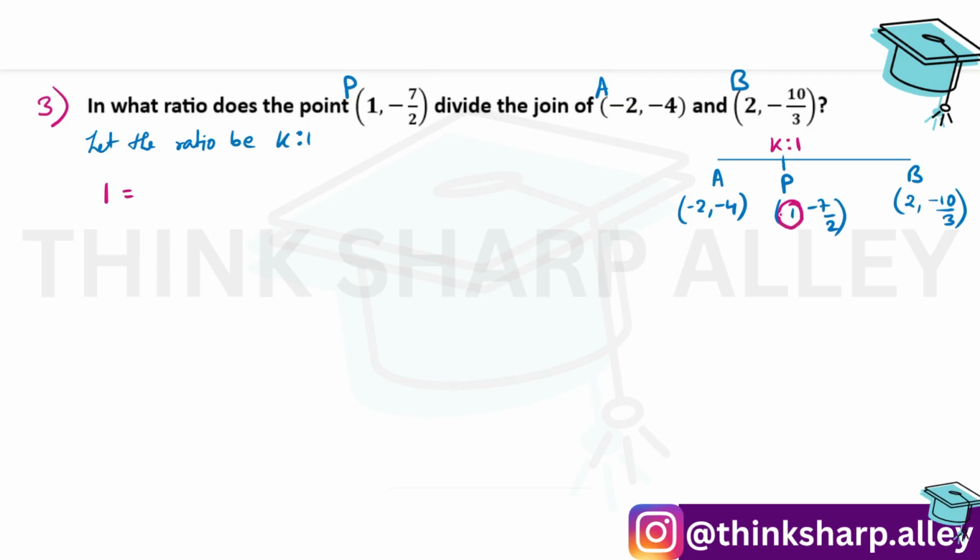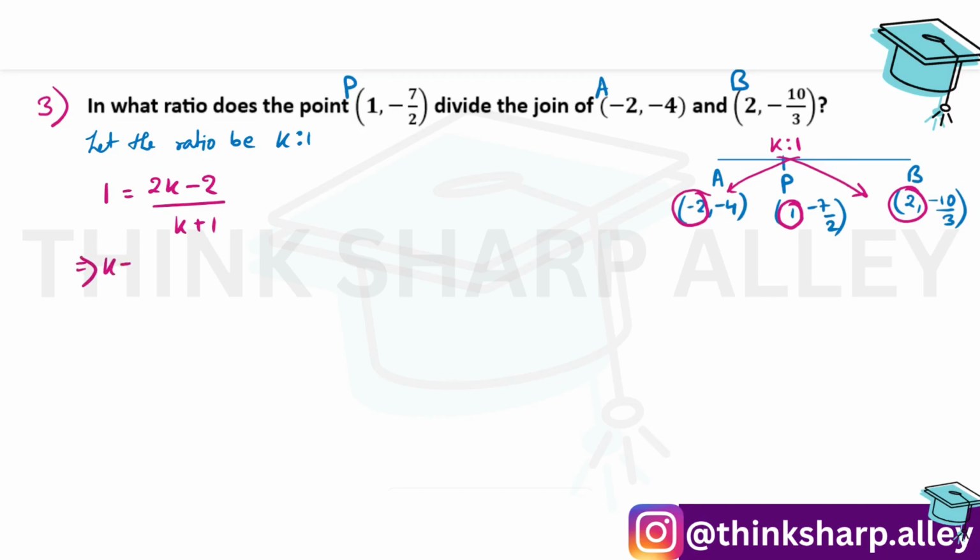But it's not mandatory, you can take any of the coordinates. So 1 is equal to, now cross multiply, don't forget the rule. So k into 2, only focus on the x coordinate. So k into 2, which is 2k, 1 into minus 2, that's minus 2 by k plus 1.